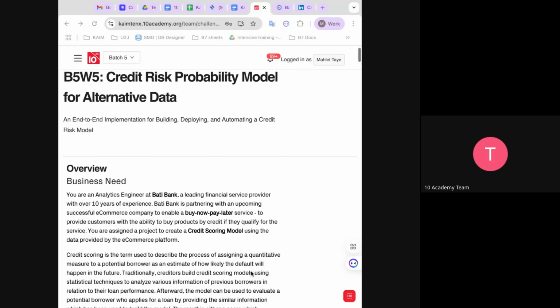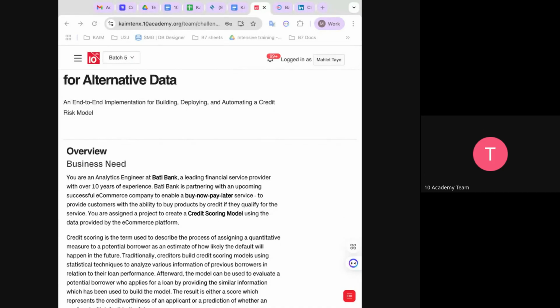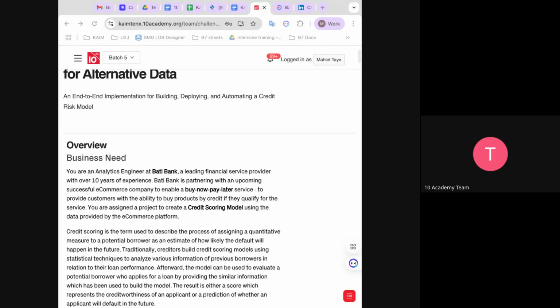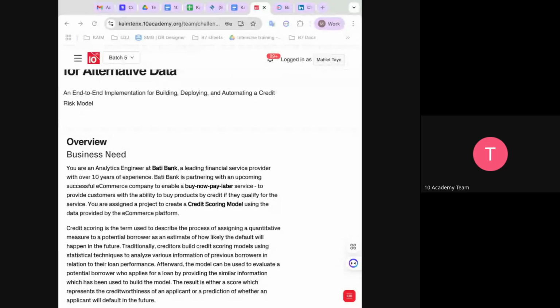So in order to do that, we have to build this credit scoring system that quantifies the potential of the borrower, how likely they are to default, and what happens in the future. When I say default, it means when the borrower fails to meet the repayment.